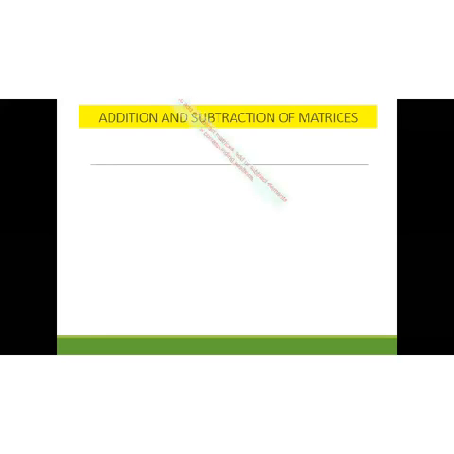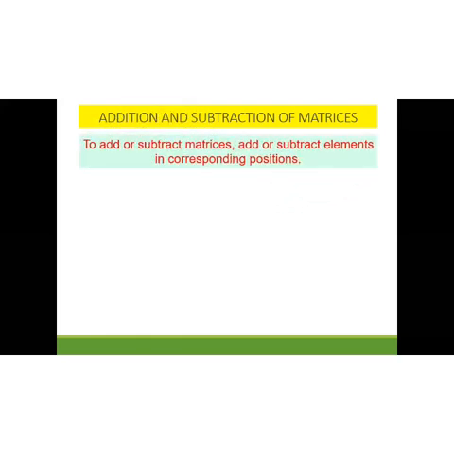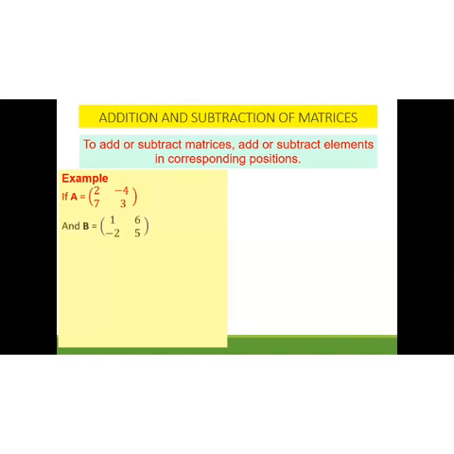To add or subtract matrices, what you need to do is to add or subtract the elements in the corresponding positions. I'll show you what that means in a second. So let's take a quick example. We have matrix A as 2, minus 4, 7, 3, and you have matrix B also.